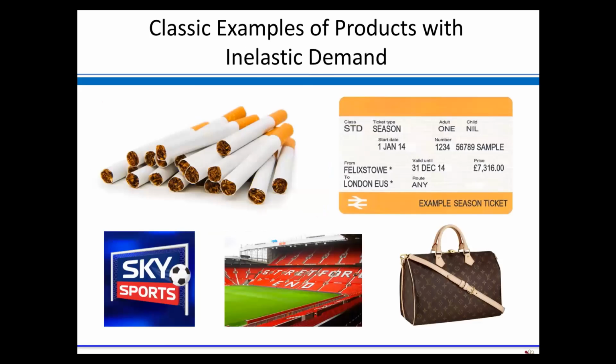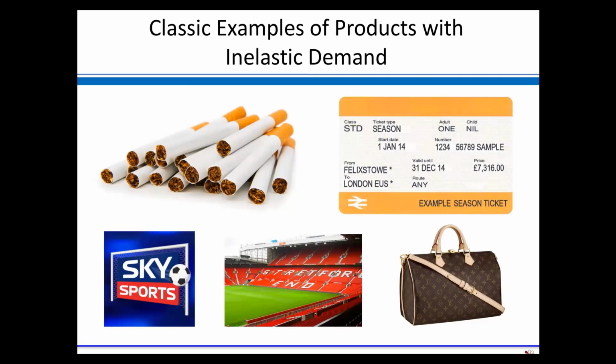But there are loads of examples out there where the demand is price inelastic. We mentioned habits. Those consumers who are habitual consumers of products like tobacco are pretty inelastic. Their demand is pretty inelastic, regardless of what the government do in terms of the taxes placed on cigarettes.